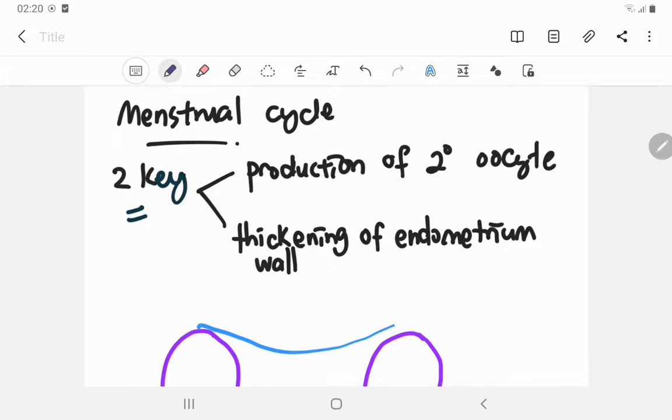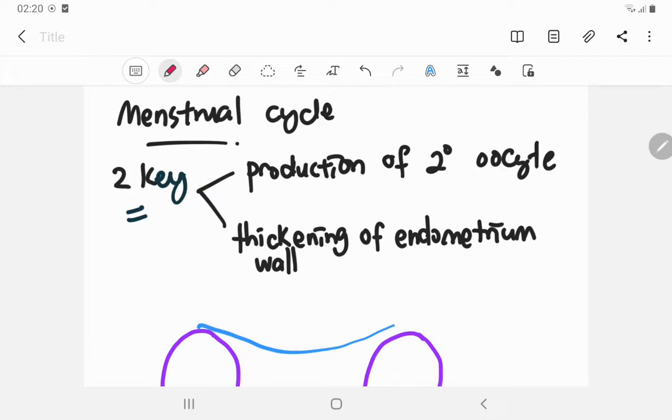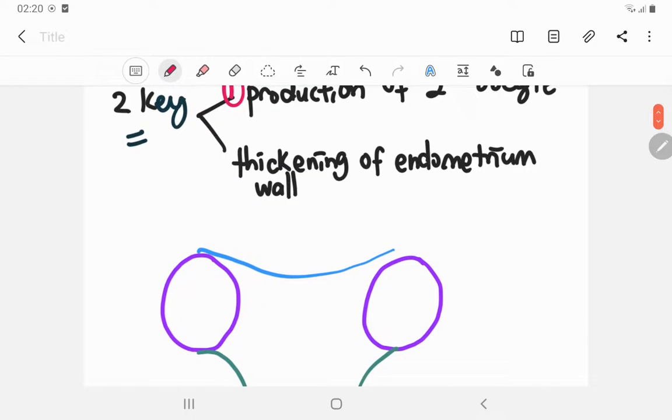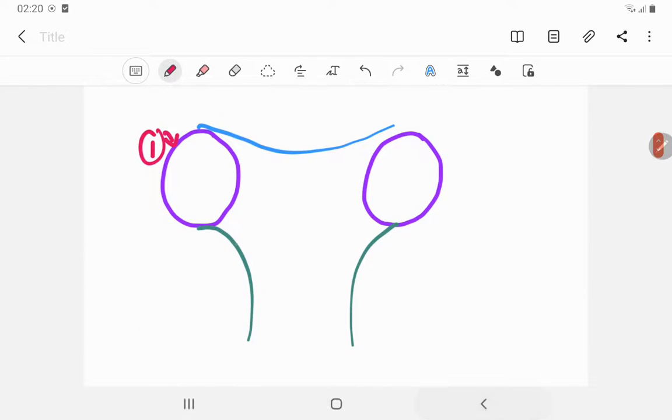As I mentioned just now, there are 2 key points that occur during the menstrual cycle. The first one is the production of secondary oocyte, which occurs in the ovary here, and the second one is the thickening of the endometrium wall.